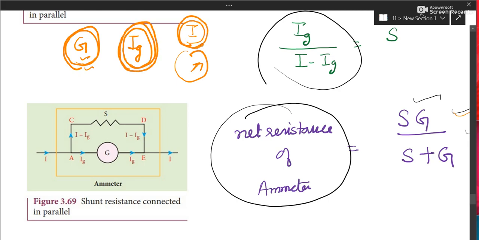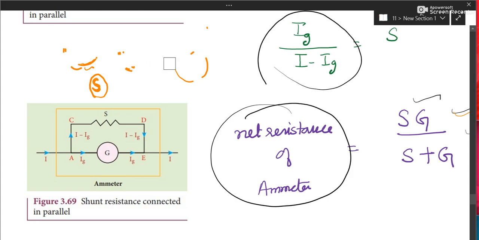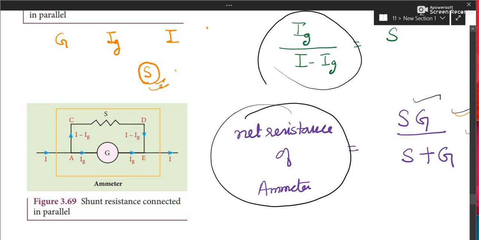Now it can measure up to I if we connect S, a low resistance, across it. This is how you have to learn it in a sentence. A galvanometer of G ohm resistance could measure up to current IG. Now it can measure up to I current by having a low resistance S in parallel to it, which is the shunt resistance.